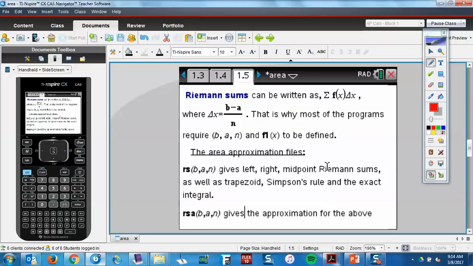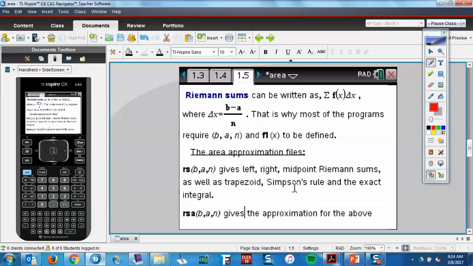Gives left, right, midpoint, Riemann, trapezoid, Simpson, the exact. So you can actually just type RS, but then you have to have your function stored in F1 on the graph screen. And then you can just type these little functions in, put your A and your B and your N right in there, although the B and A, you put them in backwards. And then the N. And that's a Riemann sum.